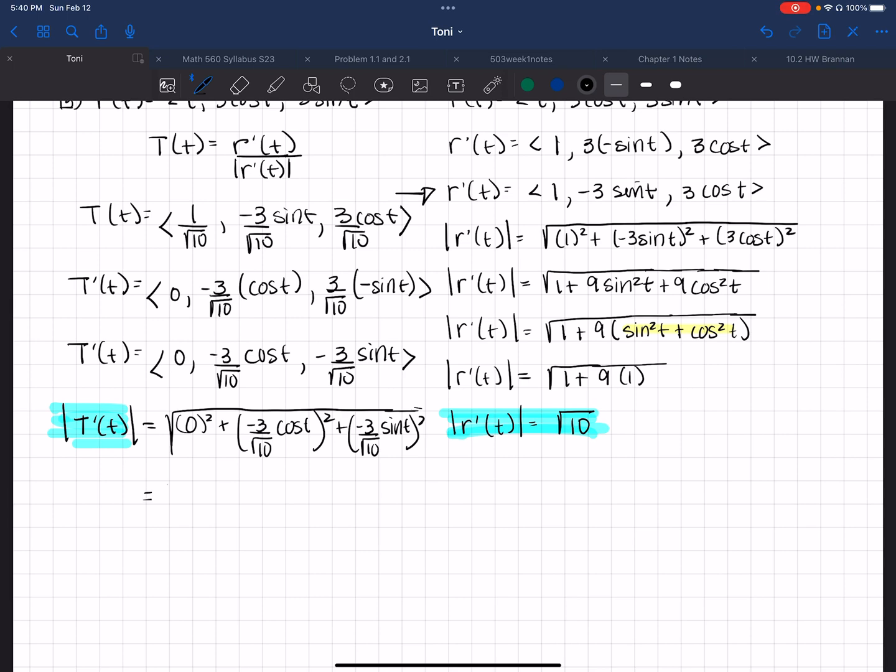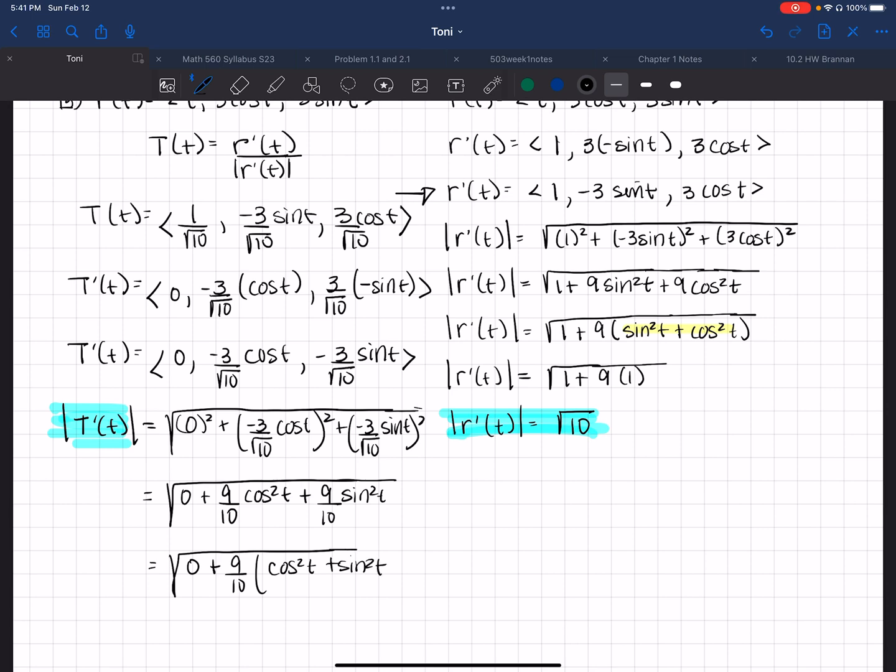Okay, well, that's going to give me the square root of 0 plus 9 over 10, because square root 10 times square root 10 is the square root of 100, which is 10, times cosine squared t plus 9 over 10 sine squared t. Okay, that's going to give me the square root of 0 plus, I'm going to factor that 9 over 10 out again. And inside I've got cosine squared t plus sine squared t.